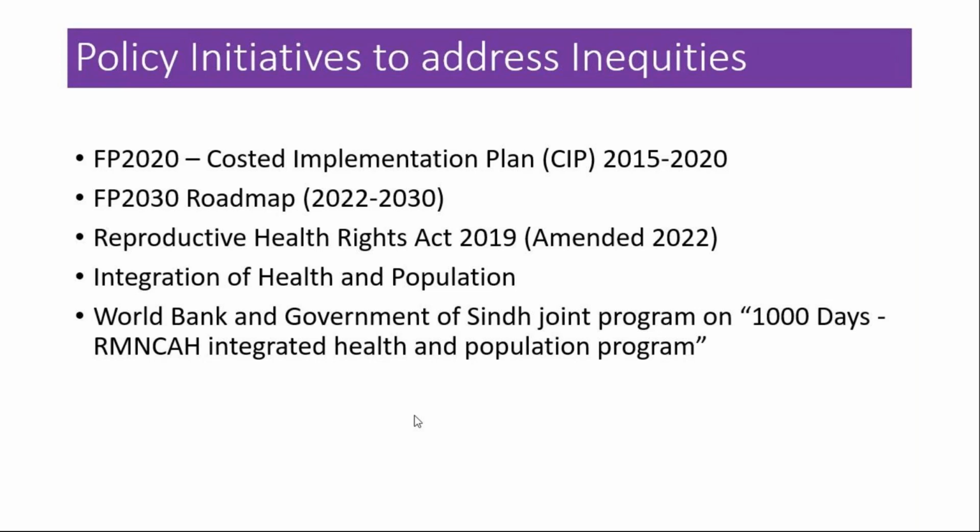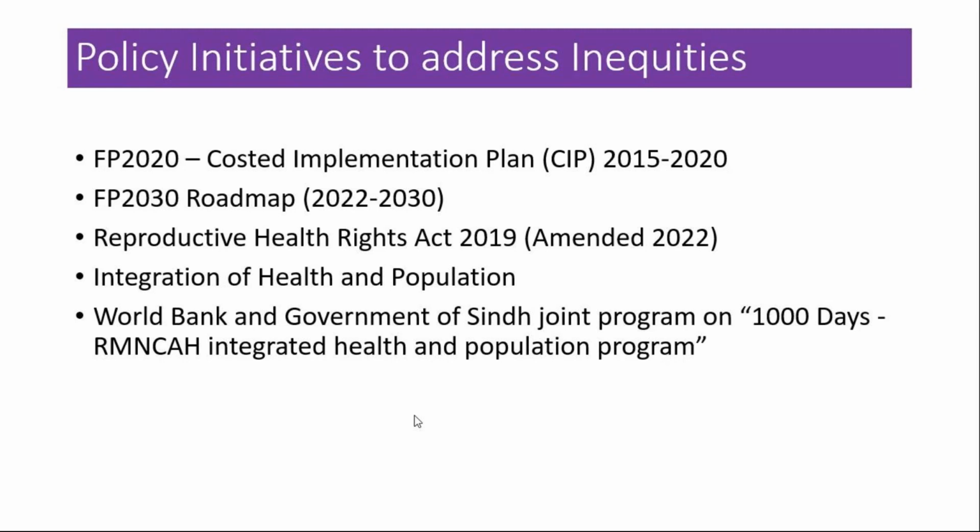For example, under the international commitment of FP 2020, Family Planning 2020, a costed implementation plan was prepared for 2015 to 2020, and due to that CIP or costed implementation plan, lots of reforms were introduced in the population sector, especially in terms of integration of population with health and engagement of the private sector. And I will show you one slide after this slide on what the impacts of those reforms under CIP are.